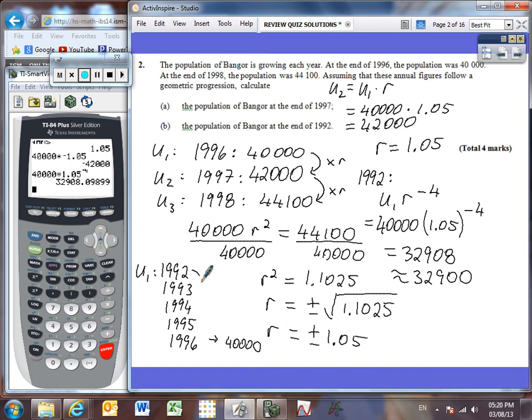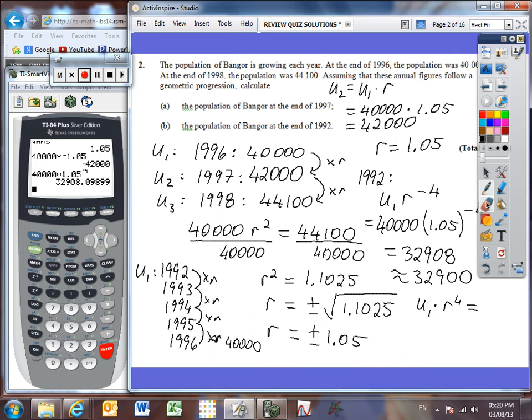So to get from 1992 to 1996, if we're multiplying by r every time, we can conclude then that our U1 value, our 1992 population, has got to be multiplied by r to the power of 4. In fact, we know what r is, don't we? So let's substitute straight away.